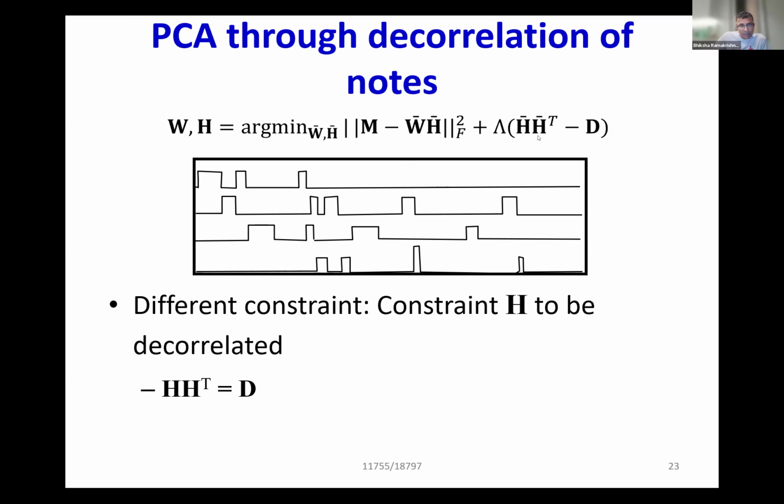We're just saying H times H transpose must be diagonal. If I use that as my constraint, my new optimization is going to be trying to find W and H such that the squared norm is minimized while ensuring that the correlation matrix of the score is diagonal. Is this making sense? Yes. Okay.